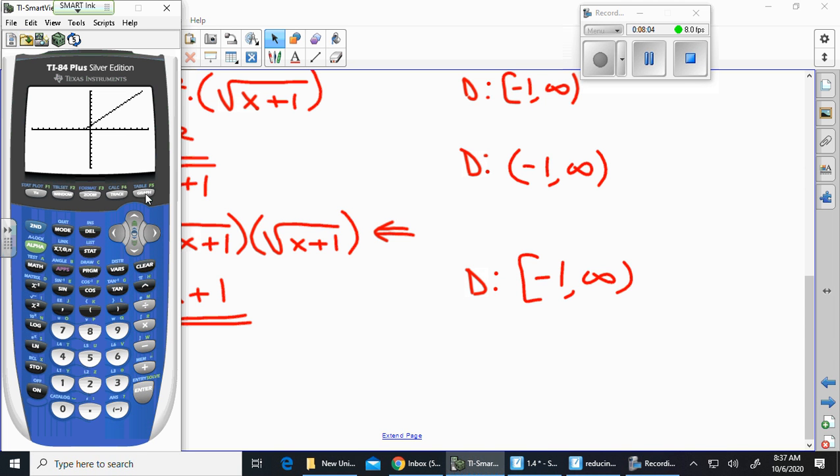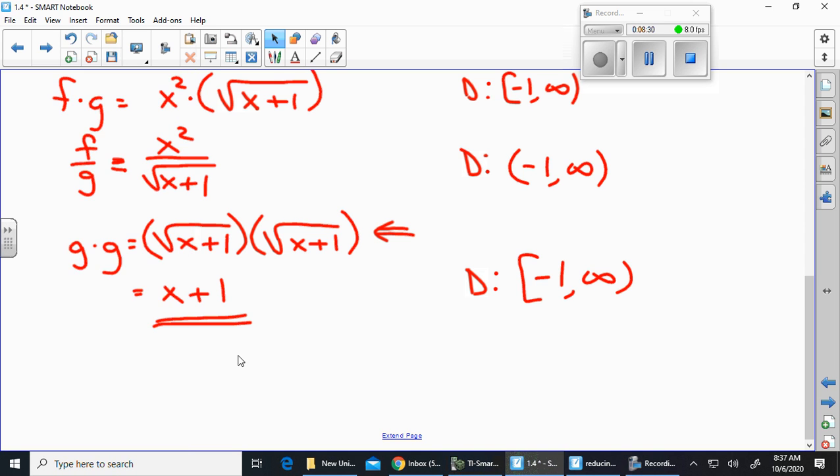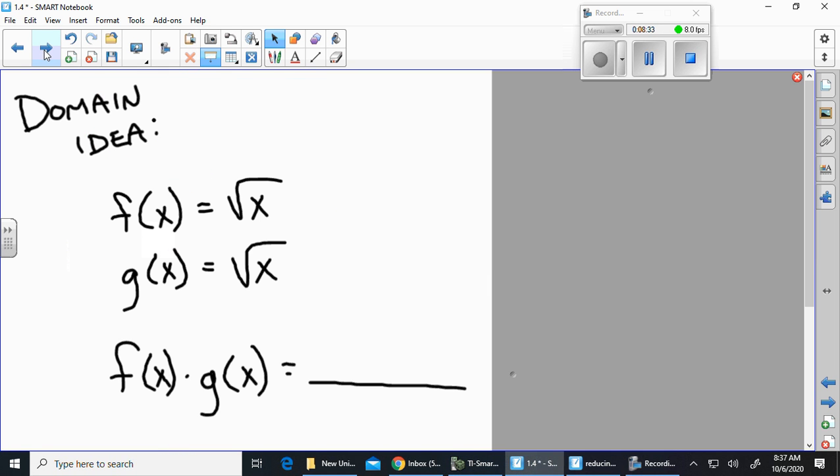That is a line that has a y-intercept of 1 and a slope of 1, but it does not go below negative 1. And if you look at the table, you can see that all those values less than negative 1 give you an error. And it's because of the original function. Okay, so that's really where the domain comes in.